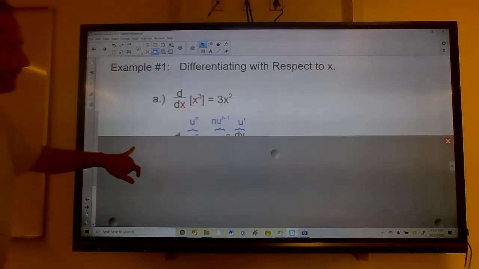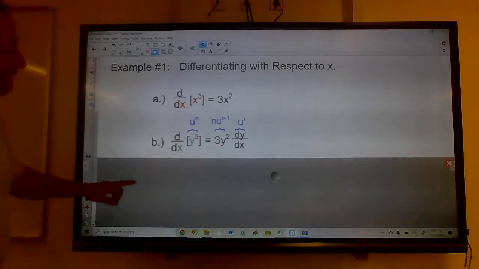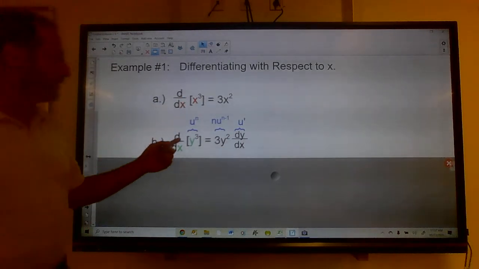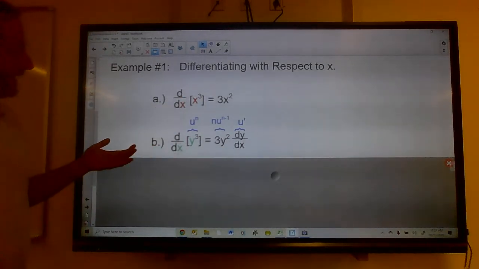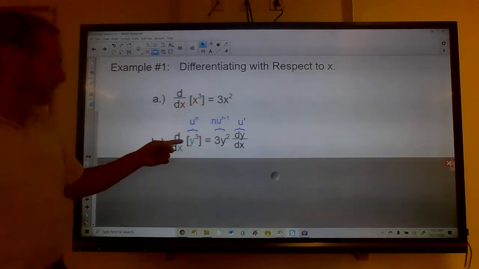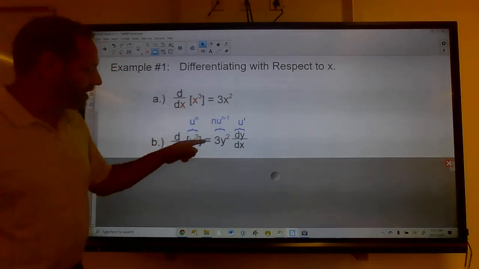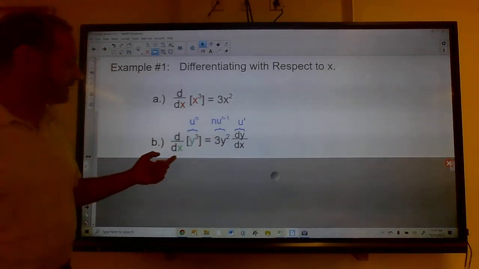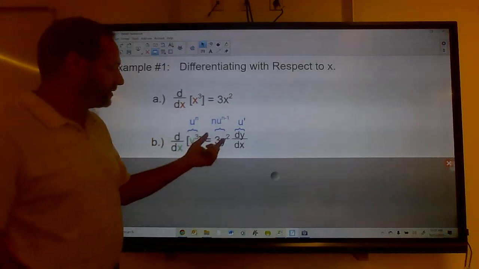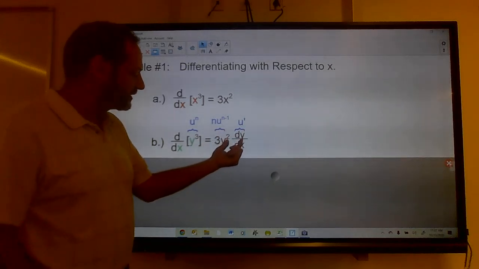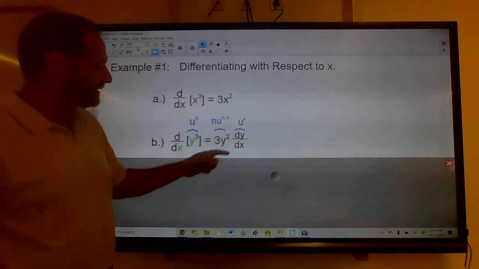Very simple. All right, but this equation, I change one thing, I change it to a y. Now that's a little bit harder, because I'm differentiating with respect to x. So it's going to be 3y squared, just like it would normally be, but now I've got a function inside a function, so I've got to take the derivative of y with respect to x, and I've got to tack that on the end here.